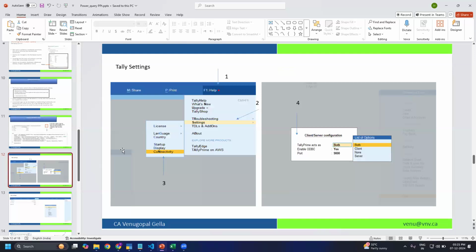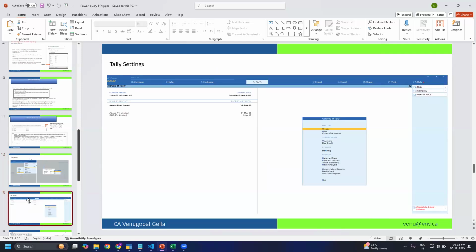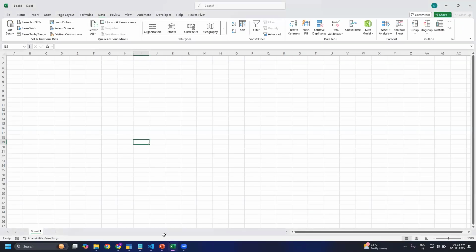First of all, we have to do the Tally settings, the ODBC connectivity port, everything. Then we have to open multiple companies, whatever you want, like 3, 4, 2, everything. And we have to move to Excel. I already opened Excel.